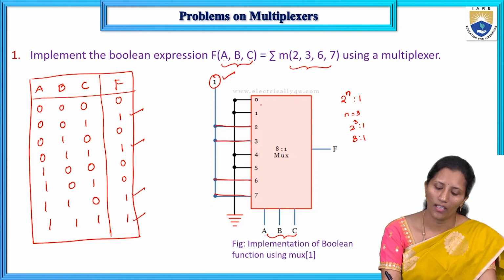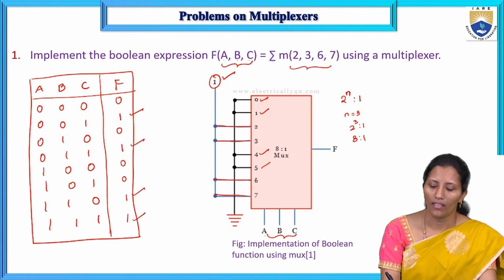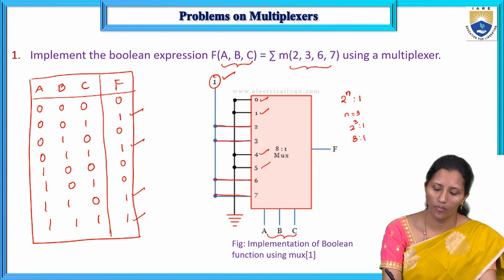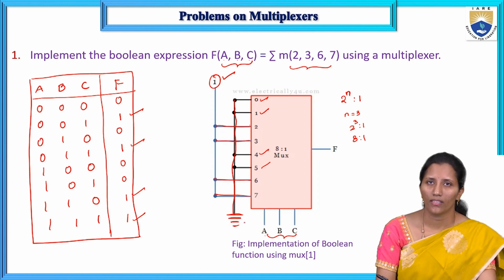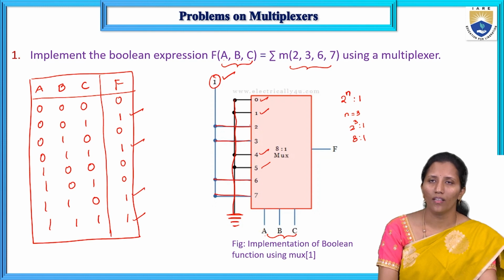The other minterms, 0, 1, 4, 5, are connected to 0, that is ground. This is the implementation of the Boolean expression using a multiplexer.